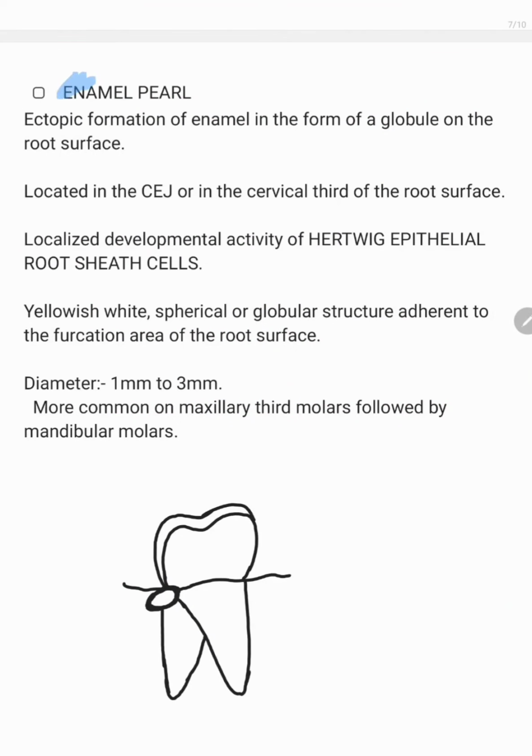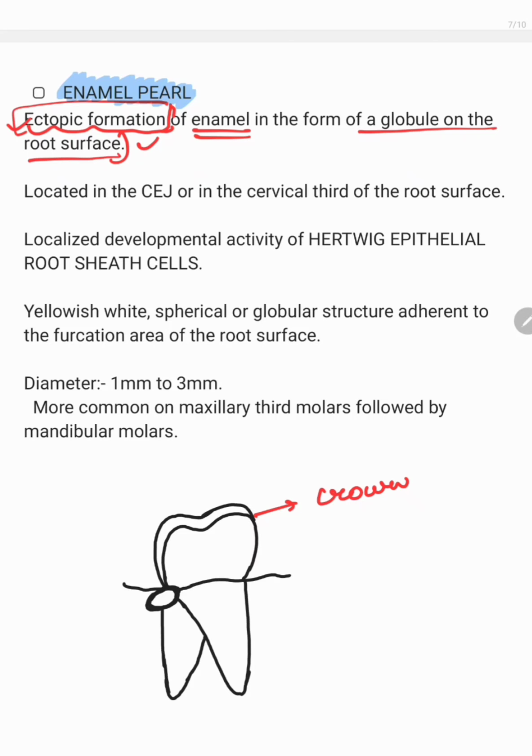So the next topic is enamel pearl. In enamel pearl, there is basically an ectopic formation of enamel in the form of a globule on the root surface. Basically enamel is present on the crown portion of the tooth, but in enamel pearl there is a part of enamel which is present on the root surface, which is known as enamel pearl.